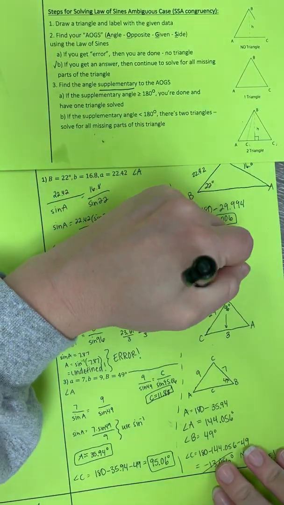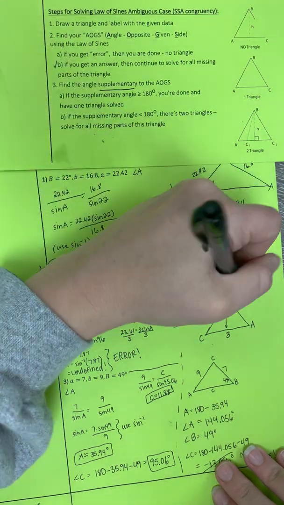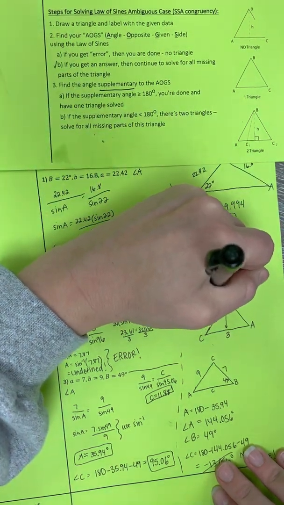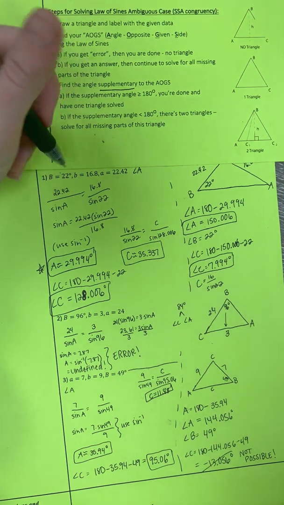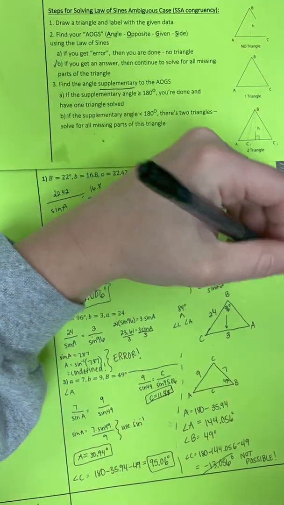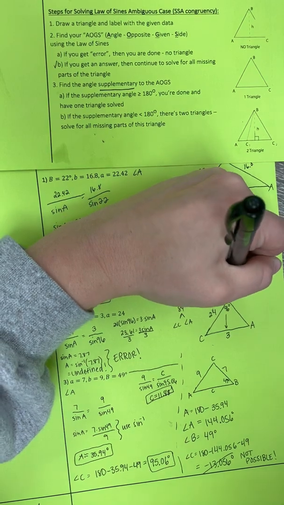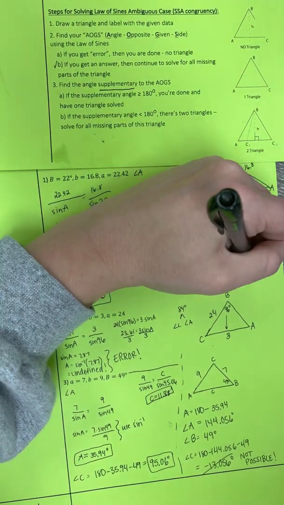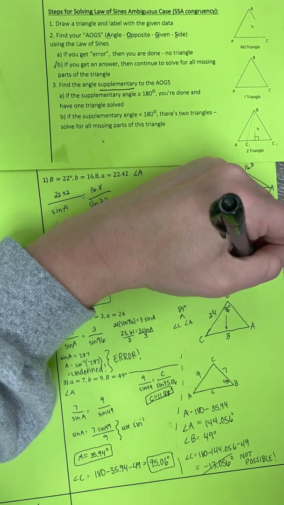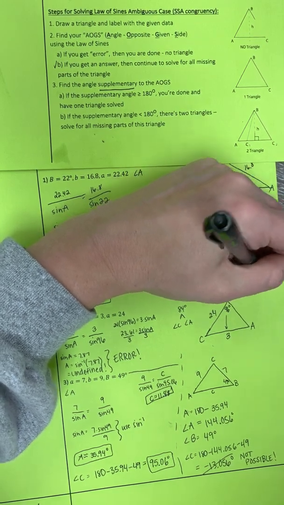And let's see what our new C side would end up being. We've got side B over sine of angle B is equal to side C over sine of angle C, 7.994. Once we do that, we get C approximately 6.2.